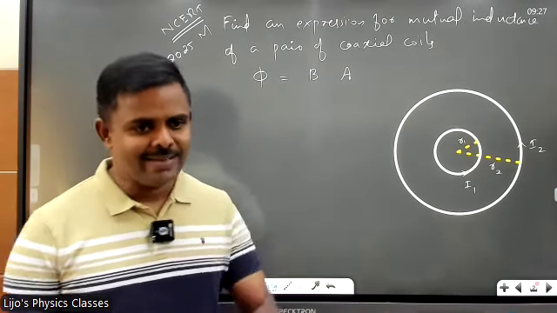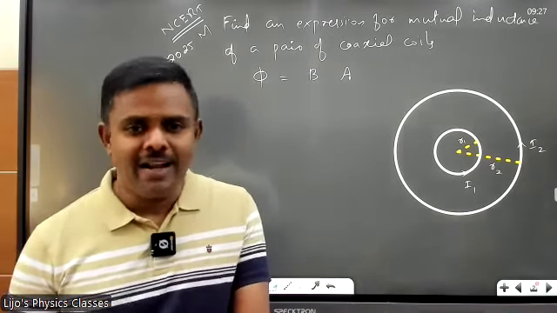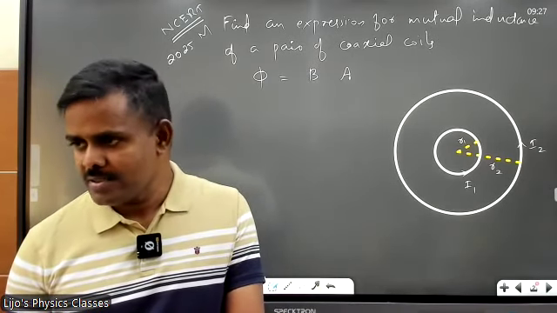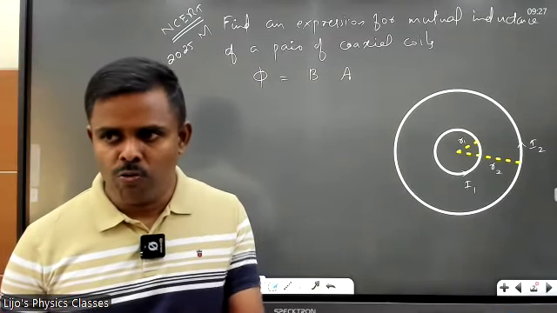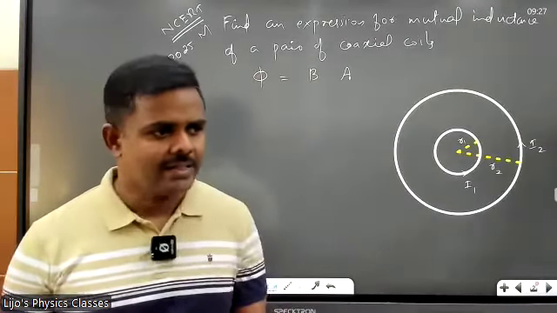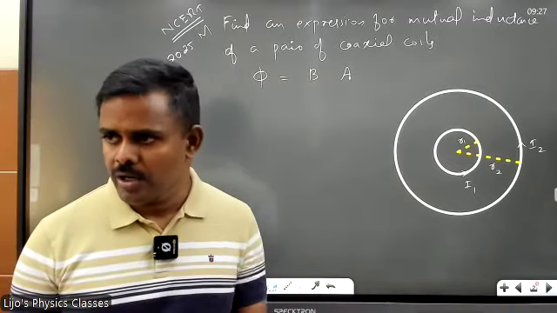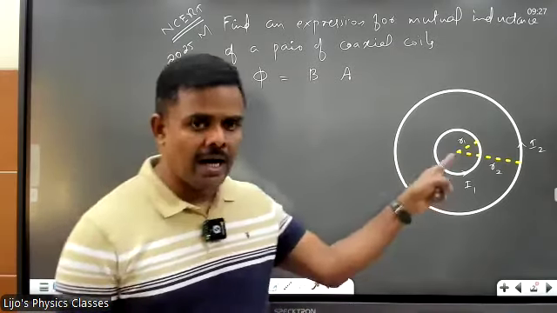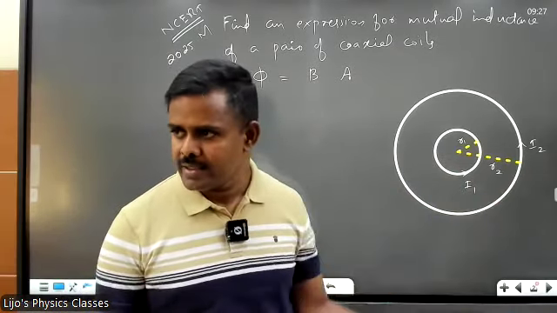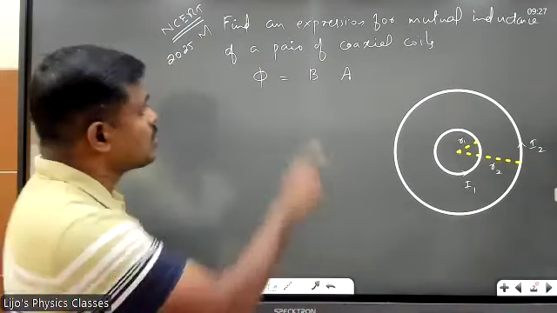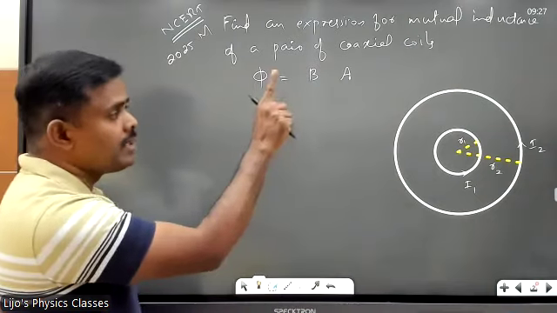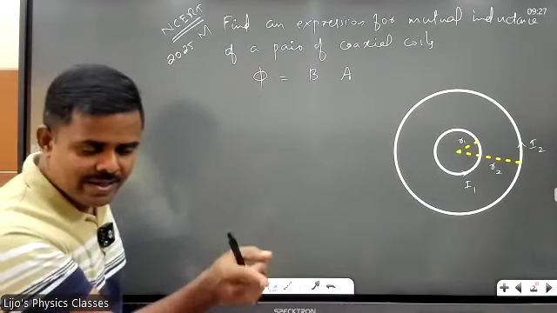You can take the other one also, no problem. Smaller coil is 1. I have named it as 1, R1, I1. The bigger one is R2, I2.